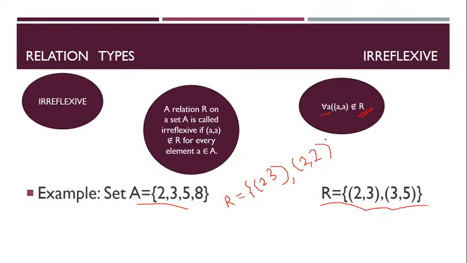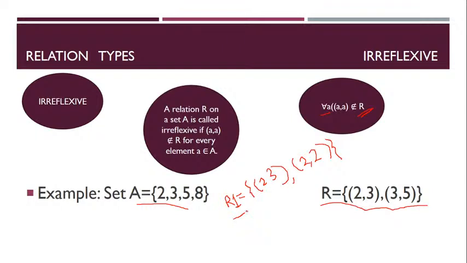Fine. So this is one relation I'm having, R1. So it's a relation absolutely, R1 with (2,3) and (2,2). Now make it clear what type of relation R1 is. My intention is whether it is reflexive or irreflexive.